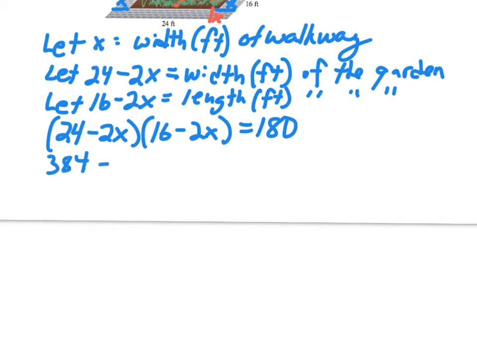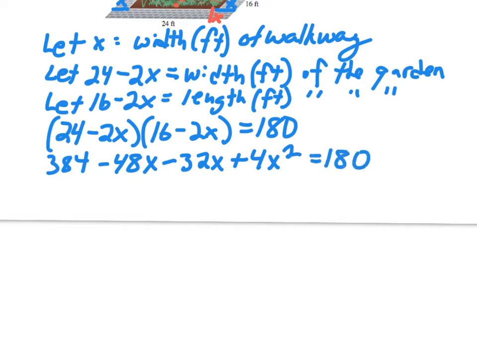And then we'll do 24 times negative 2x, negative 48x. We'll do negative 2x times 16, that's negative 32x. And then we'll do negative 2x times negative 2x, that's plus 4x squared equals 180. I'm going to combine these like terms and put it in order. So 4x squared minus 80x plus 384 equals 180.